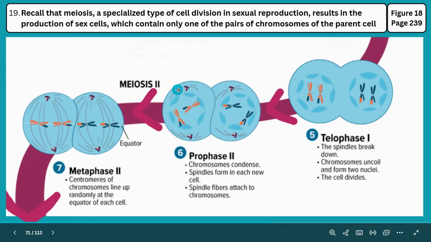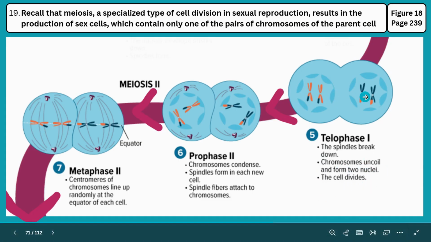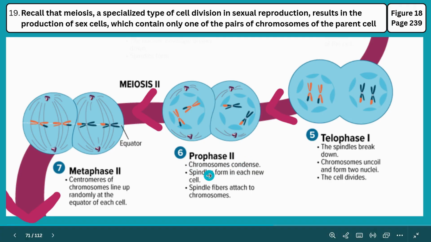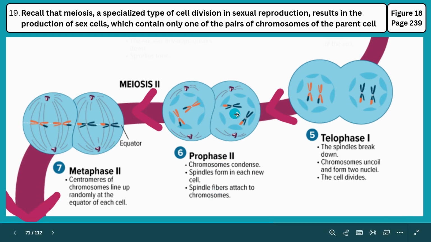Then meiosis 2. This is telophase 1: the nucleus forms again, the spindle breaks down, chromosomes uncoil, two nuclei are formed and the cell divides. Then prophase 2: chromosomes condense again, spindles form in each new cell, and spindle fibers attach to the chromosomes.